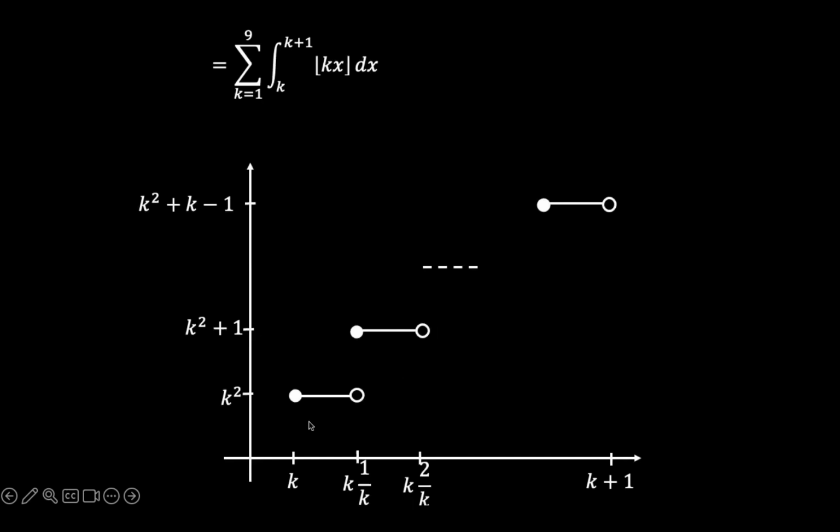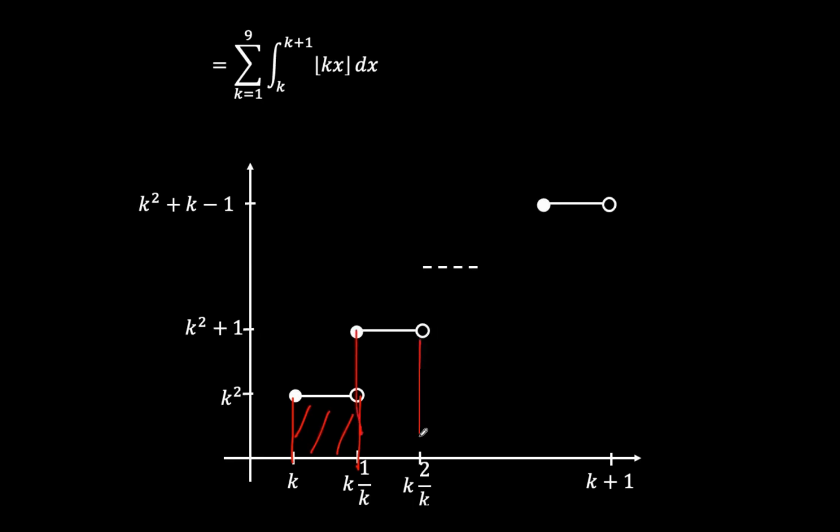And so the integral now means that since the spacing here is 1 over k, 1 over k, 1 over k, we have k squared times 1 over k. And here we have k squared plus 1 times 1 over k. Let me just represent this nicely. So we have this rectangle here, which has the height k squared and the width 1 over k.